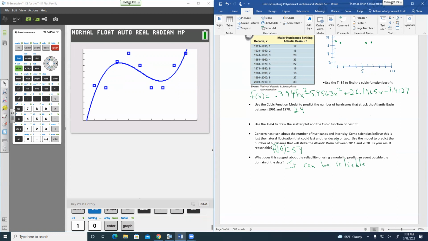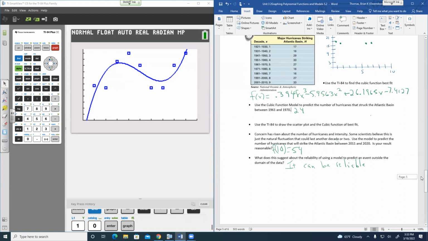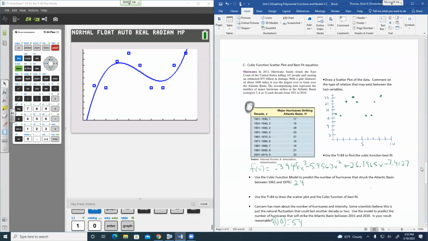Right now, the data probably says it's more of a natural fluctuation. But there would be some flags to be concerned about because these are predictions. These are not hard facts. So this is just an educated guess. We have to keep that in mind as we move forward, that it's only an educated guess.